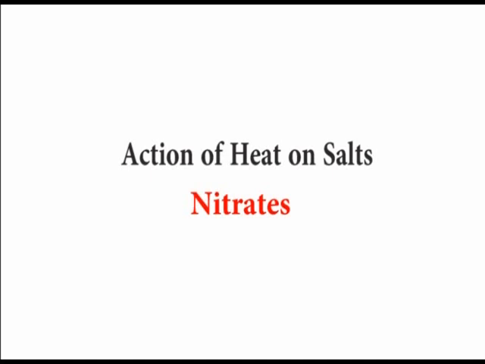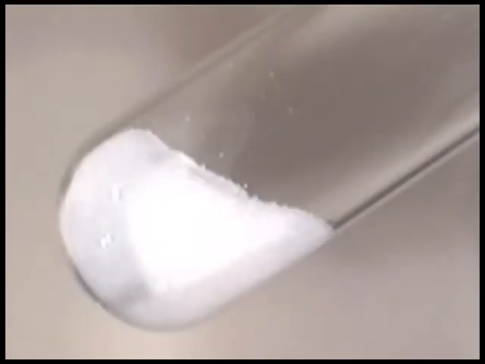Action of heat on nitrates. Now, thermal decomposition of nitrates can be grouped into 3. Nitrates of group 1 elements, nitrates of moderately reactive metals, and ammonium nitrate. All of them decompose differently. Solid sodium nitrate first melts on heating.